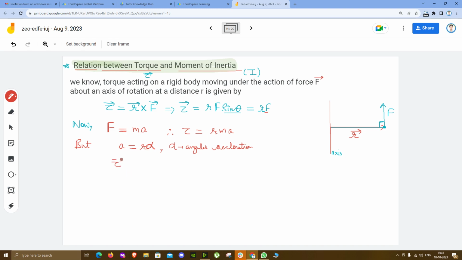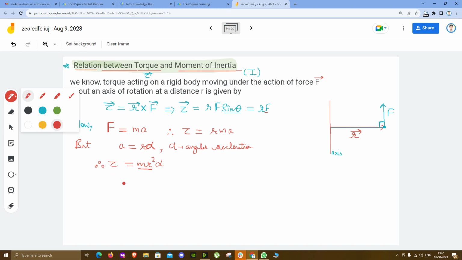So tau will now become, taking the magnitude now, tau equal to m r square alpha. Now again, what is m r square equal to in rotational motion?